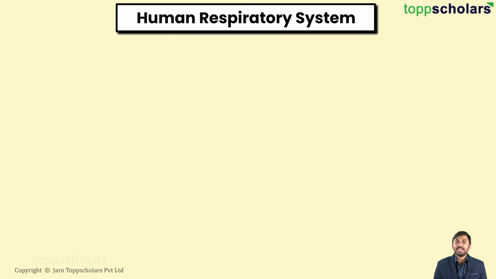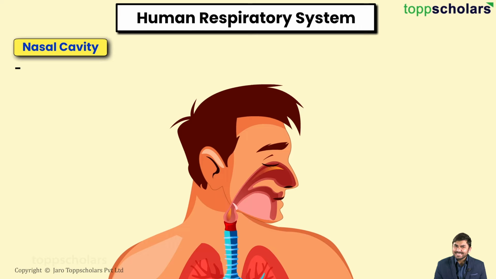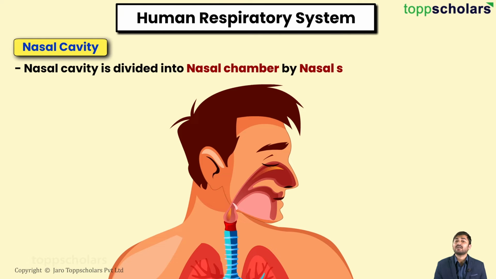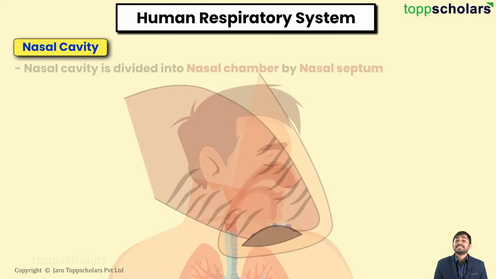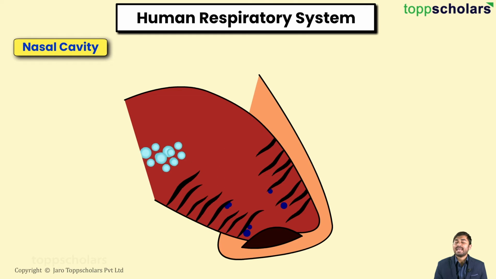Next we move on to the nasal cavity. This nasal cavity lies on the roof of the buccal cavity between the cranium and palate. Also, this nasal cavity is divided into nasal chambers by a cartilaginous septum. This nasal passage filters and cleans the air.